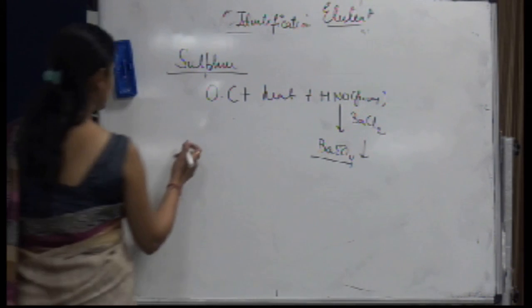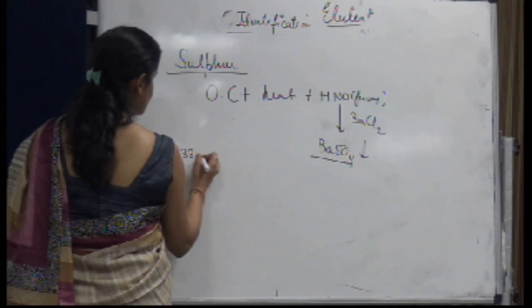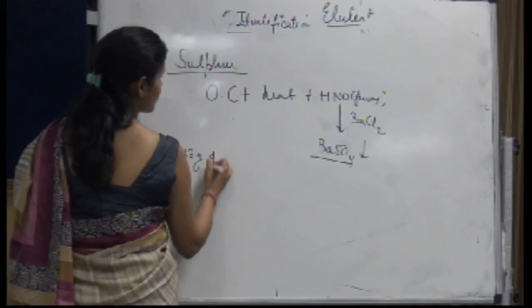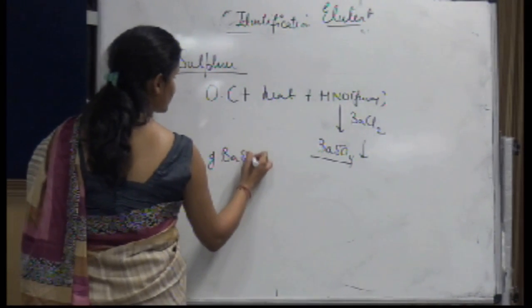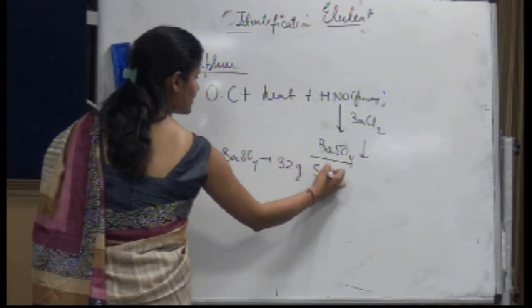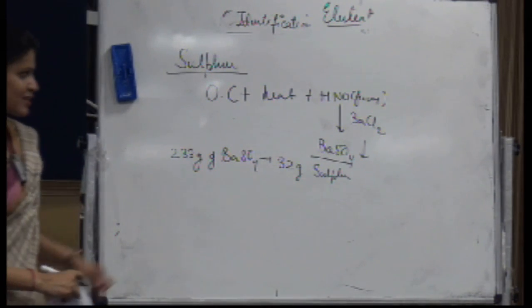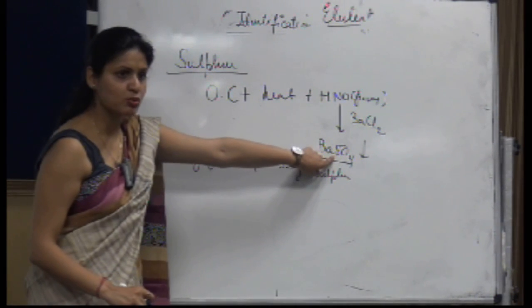If I am saying what is the molar mass of barium sulfate, it is 233. So 233 grams of barium sulfate would give 32 grams of sulfur, right? Because what is the mole ratio?